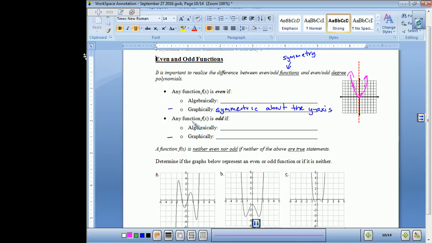Okay. Now, a function is considered odd if it has rotational symmetry, and that rotational symmetry occurs about the origin.